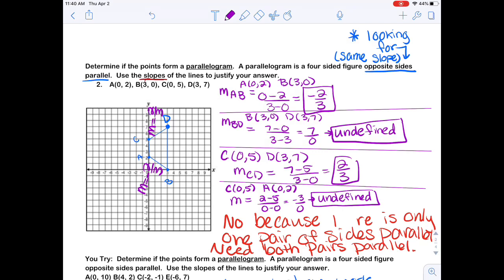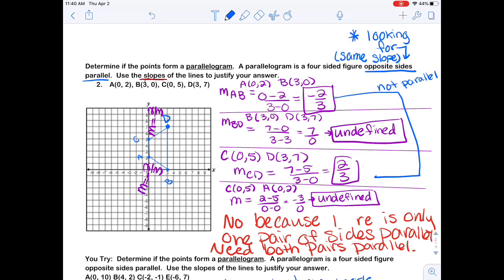So are those sides parallel? Well, one's negative, one's positive. That's not the exact same slope. So these two are not parallel. So I'm going to now look at the other opposite pair of sides.